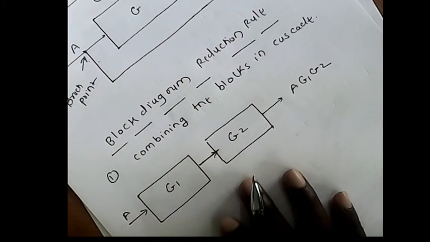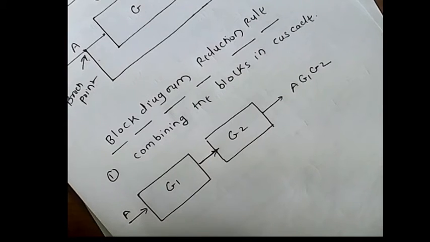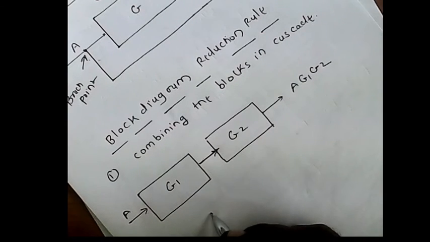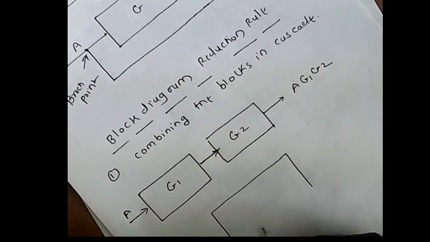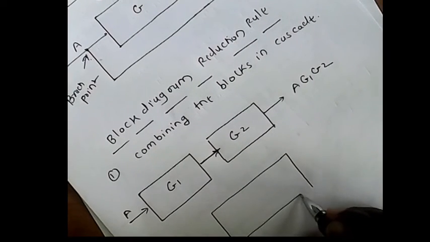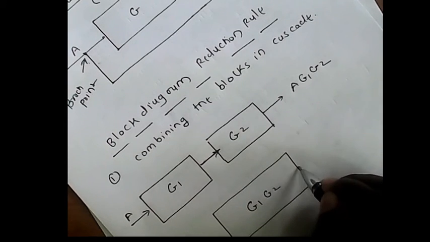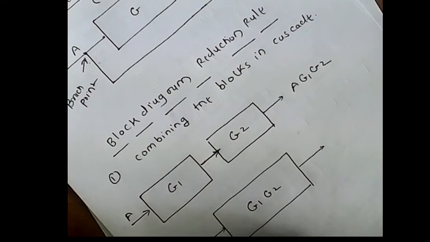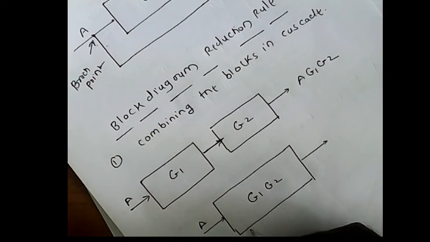In simple reduction, these two blocks can be represented as a single block. How? See here. When two blocks are in series, we can combine them into a single block, G1 into G2, where A is the input. So we simplify two blocks into a single block. So this is a reduction.